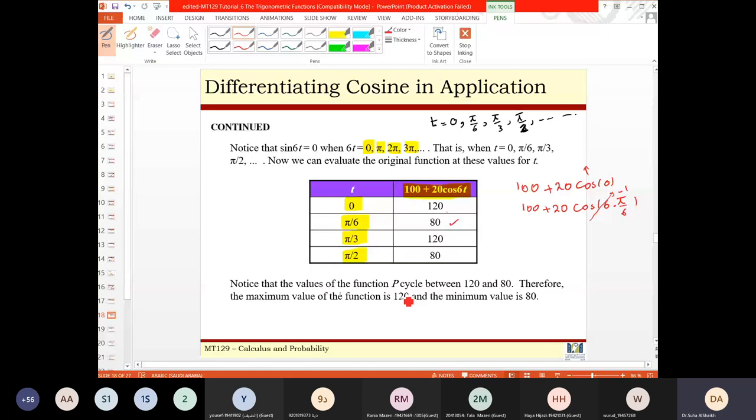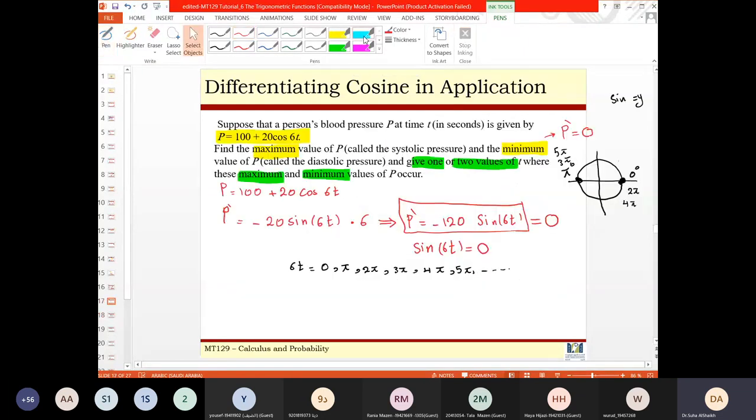Again, we agreed that we took the P, we find the derivative of the P, we let this equal to 0. It turned out that 6t is equal to this. So for t by itself, I divide all by 6. So this will be 0, this will be pi over 6, this will be pi over 3, and this will be pi over 2, and so on.